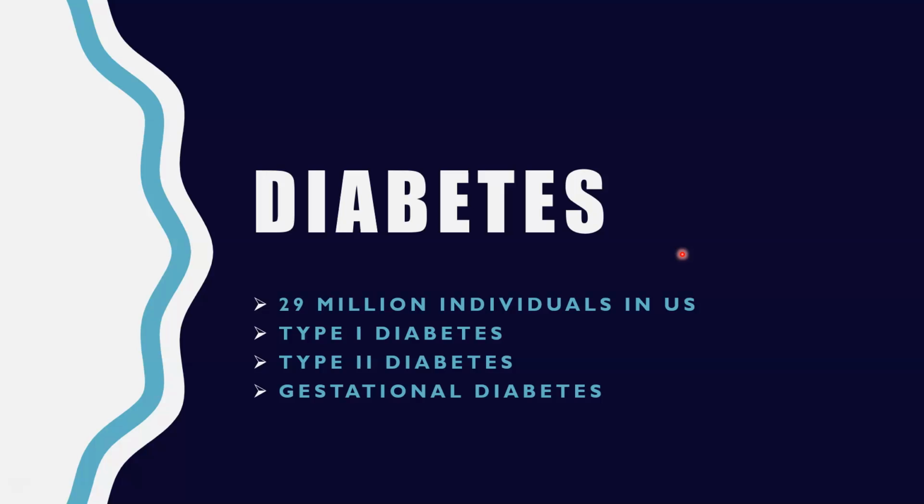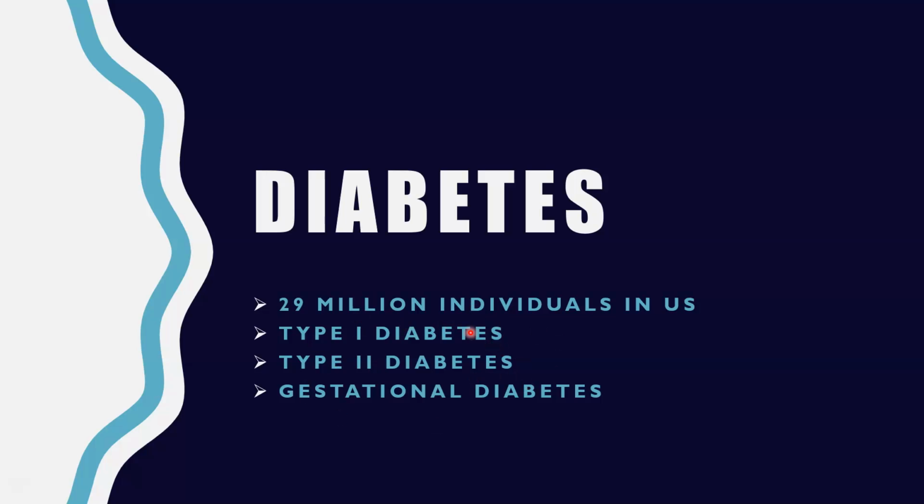It's categorized by type, with type 1 being an autoimmune pathology, where the autoimmune system actually kills the cells that produce insulin, so there's no insulin being produced. And so without that, we have the inability for glucose to be taken up out of the blood into the cells, which leads to chronic high blood glucose measures.